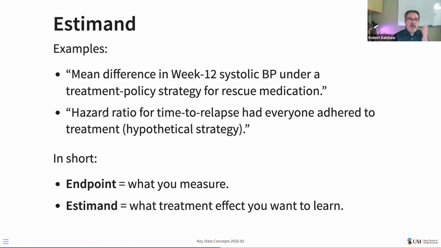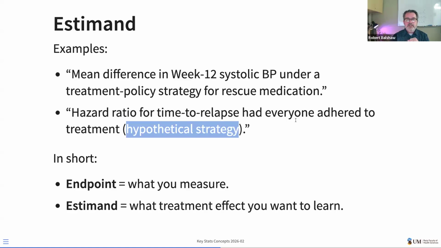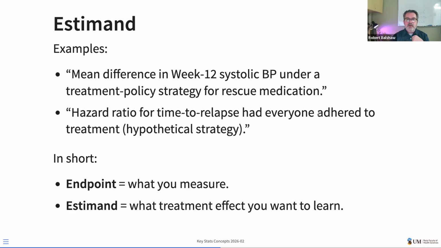Another example would be the hazard ratio. That's the statistic for the time to relapse. There's the endpoint that's measured. Had everyone adhered to the treatment, and that's a hypothetical strategy for how we're going to deal with patients who have stopped taking their meds, switched their meds, or had an adverse event that caused them to be withdrawn from the trial.